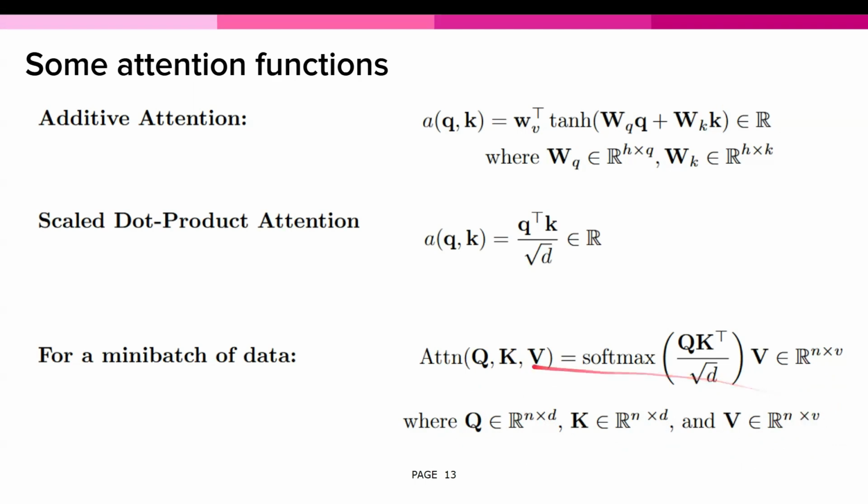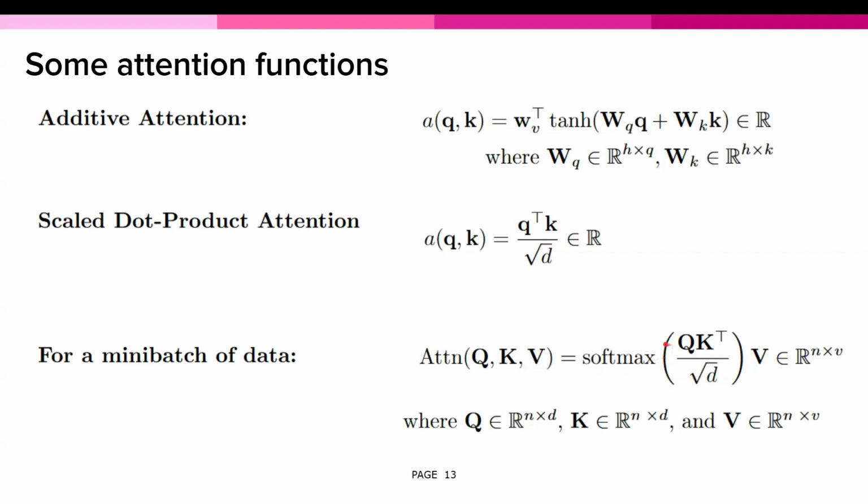Yeah, so we would compute the attention scores by taking the inner product between Q and the transpose of K, and then scaling by the square root of the dimensionality. This would give us the attention weights, and then we would apply a softmax on this to obtain the normalized weights.